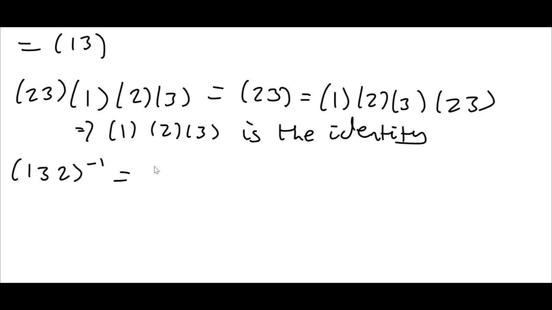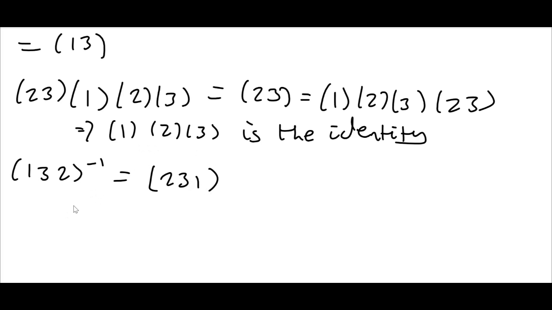And intuitively, we just swap the order of these. So instead of (1 3 2), we do (2 3 1). Why does this work? Well, because this will take us this way, and then the inverse, because we swap the order, just takes us back again to where we started.